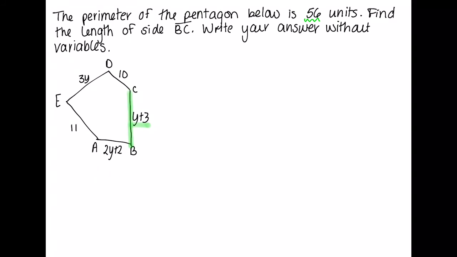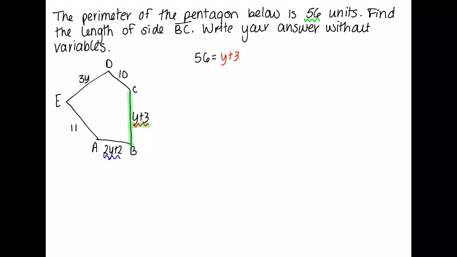it should be 56. So to figure this out, 56 is equal to, and now I'm literally going to add up every single side length and solve for y. So we have 56 is equal to, I'll just start with side length BC. So we have y plus 3. Maybe I'll do it in a different color just to differentiate it. Right, we have y plus 3.